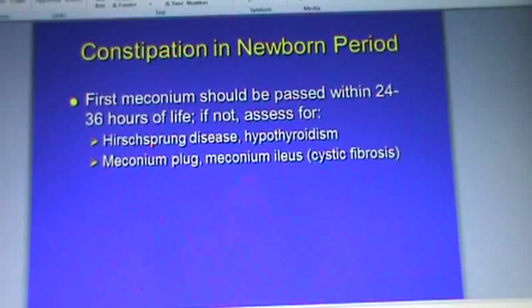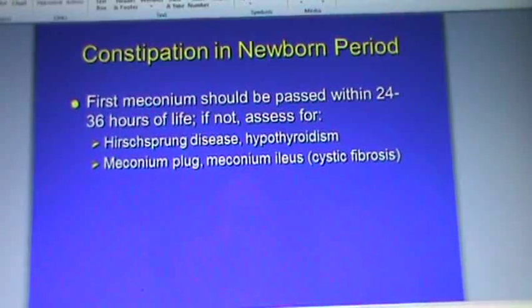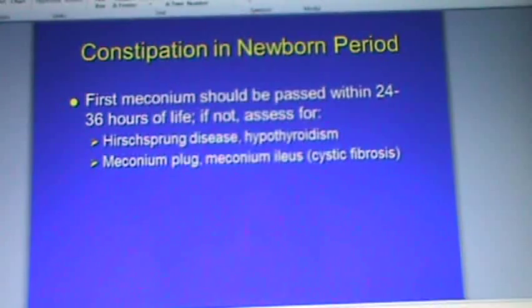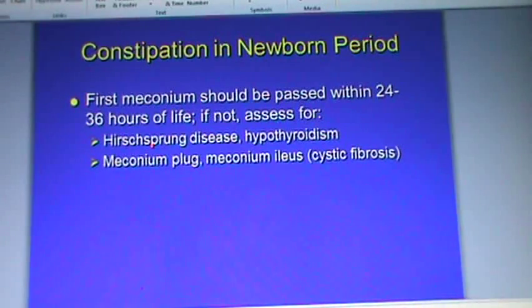Constipation in the newborn period: first meconium should be passed within 24 to 36 hours of life. If not, assess for Hirschsprung's disease, hypothyroidism, meconium plug, meconium ileus, which comes with cystic fibrosis. So we're always looking for that brand new baby to give us that meconium stool.